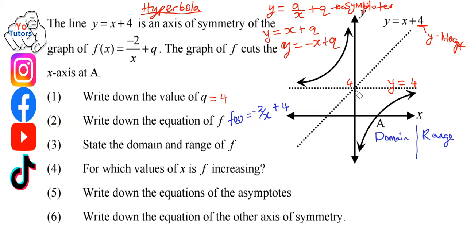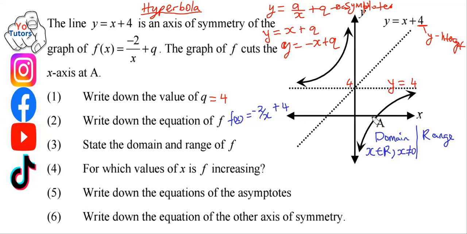When we look at this, we see that the graph cannot touch the line x equals 0, because that is an asymptote. So we say x is an element of the real numbers, but x cannot be equal to 0. When we say x cannot be equal to 0, we are referring to the y-axis, which cannot be touched by the graph.